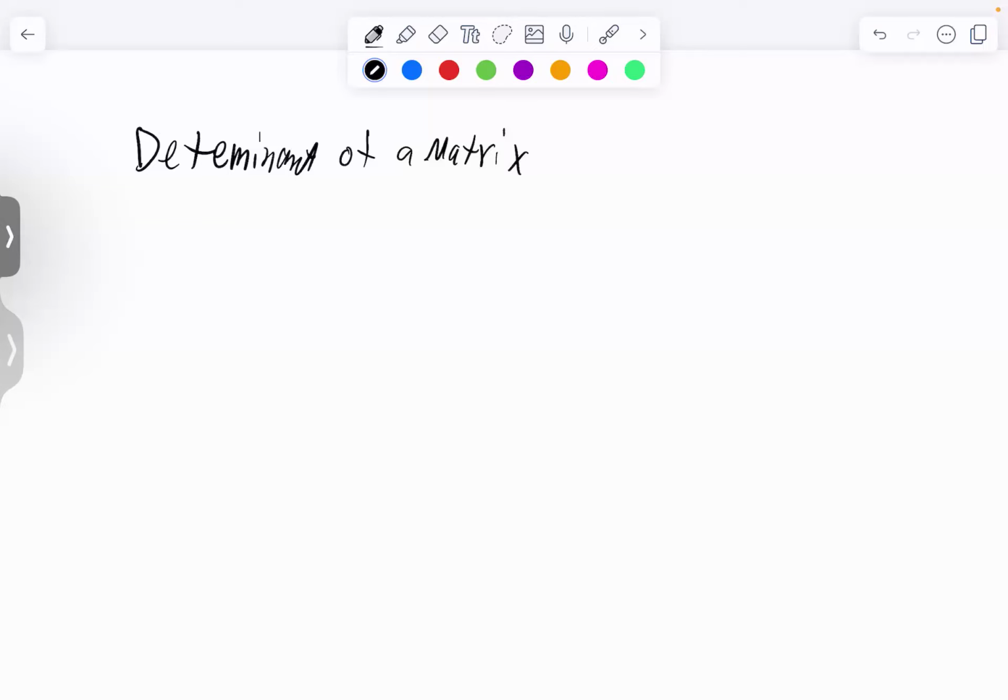And the determinant of a matrix, we're going to start in two dimensions. So the notation looks like absolute value. And we're assuming A, B, C, and D are all real numbers. I'm missing an R. Determinant, there we go, of a matrix.